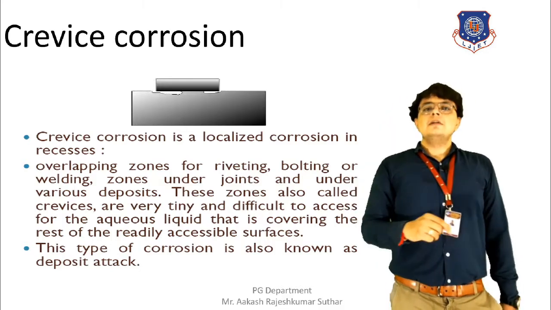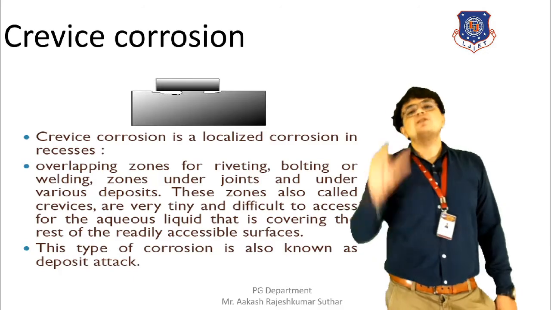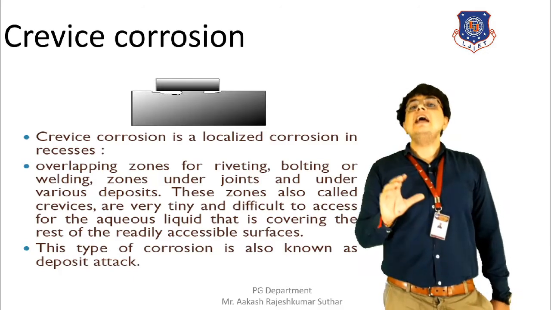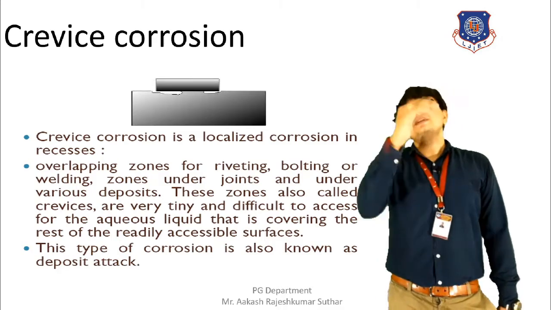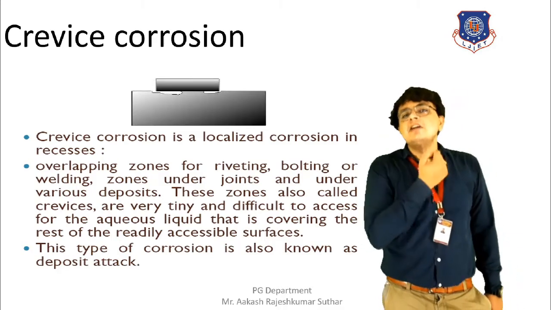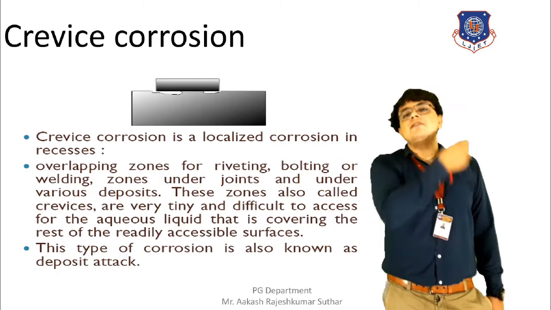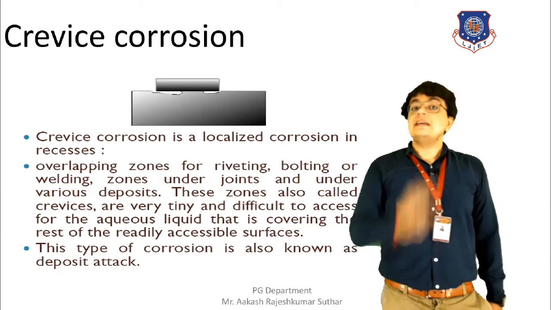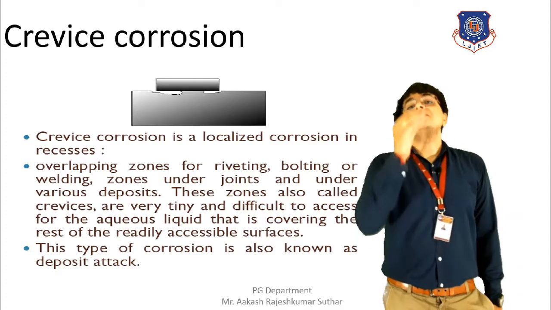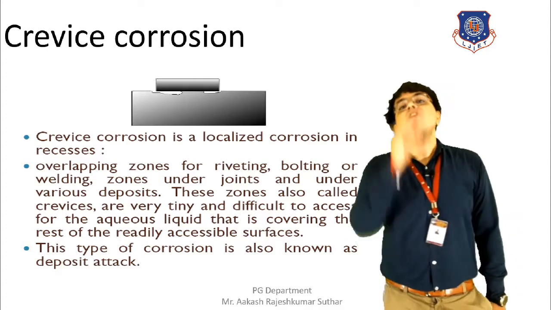And once it is exposed to the environment, these gaps will not be equally exposed. We can say that any kind of solution or gases can't pass through those crevices, and as a result of this, isolation will be found, separation will be found.